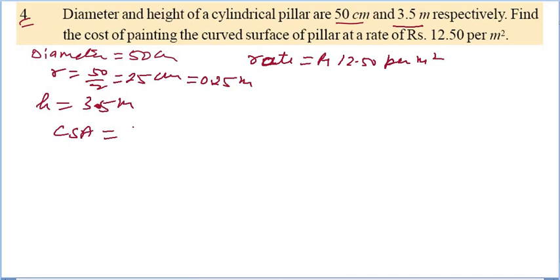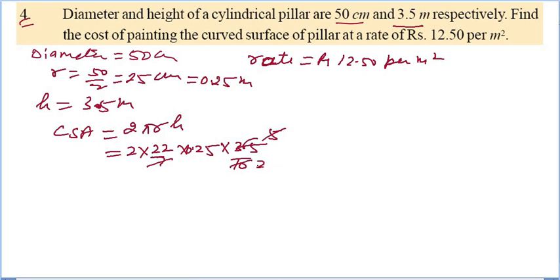Now come to the CSA, it is 2 pi R H. So 2 pi is 22 upon 7, R is 0.25 and H is 3.5. Now remove the decimal; 7 fives are 35 and 5 twos are 10, and the 2s cancel. So it is 22 into 0.25, in meter square.